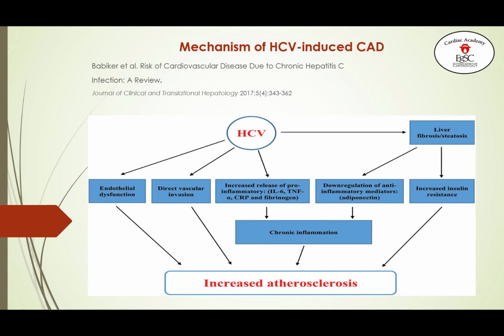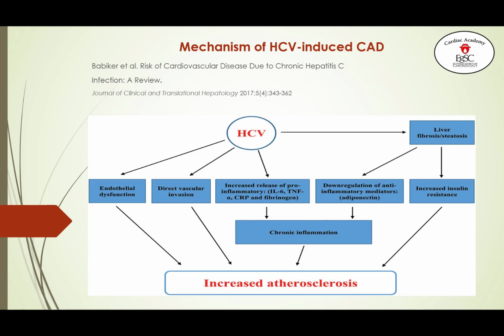This illustration shows the mechanism of HCV-induced coronary artery disease. HCV can cause endothelial dysfunction and can lead to direct vascular invasion by the virus. Also, it increases the release of pro-inflammatory mediators, and all can lead to chronic inflammation.